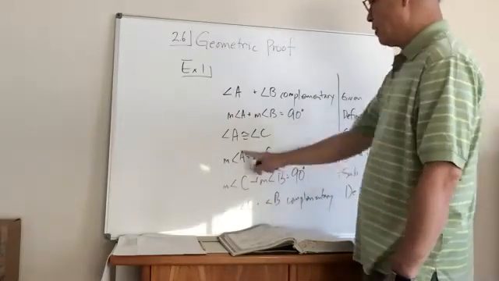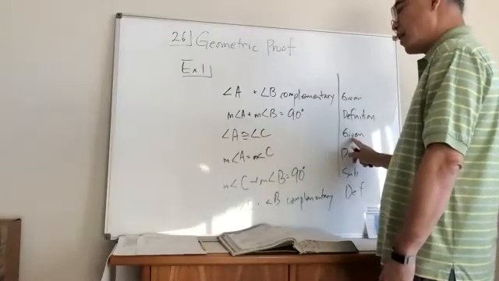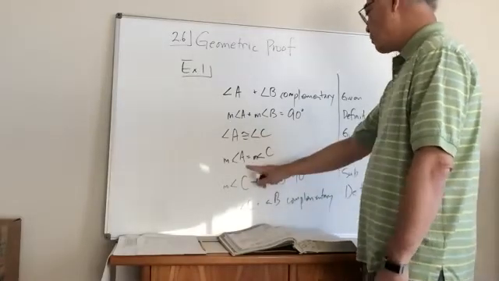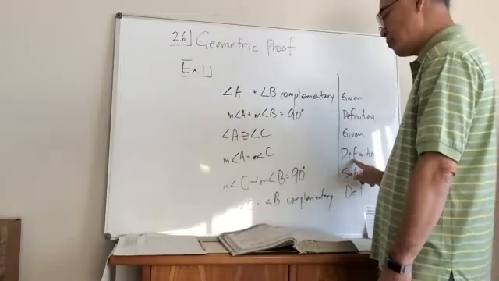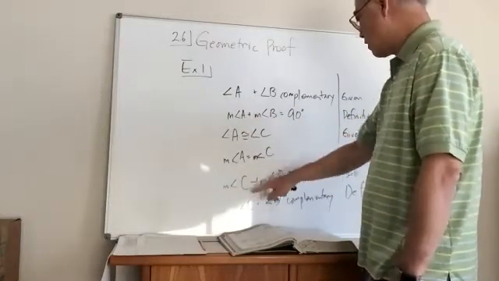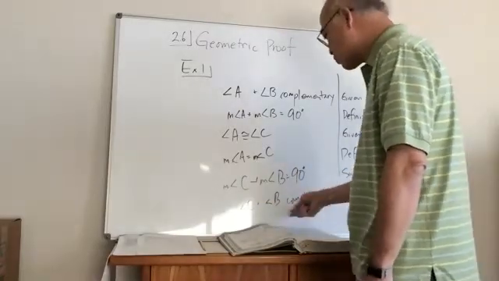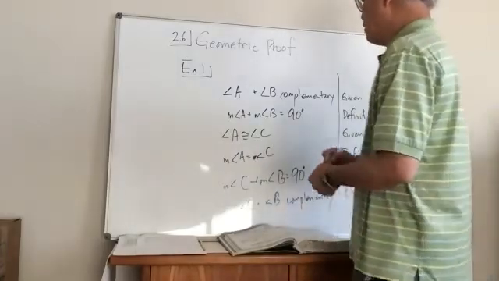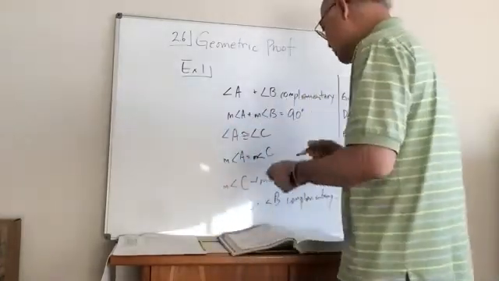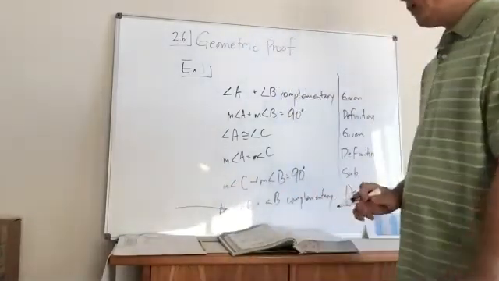And then I'm given that A and C are congruent. Therefore, the angle measures are congruent by the definition. And I can substitute from here to here, and that's the definition of complementary. And this is what we were trying to prove, the conclusion that I was trying to get to.